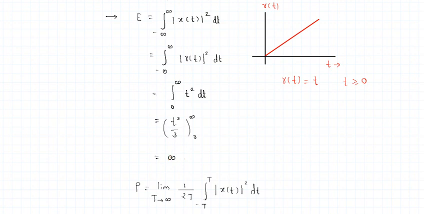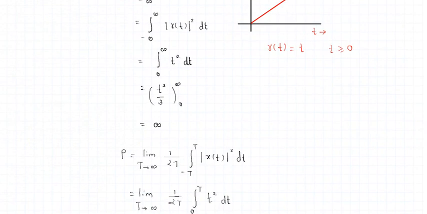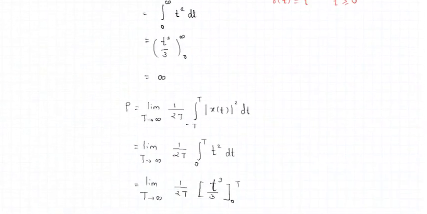Let's proceed further and find the power of the signal. The power equation is the limit as T tends to infinity of 1 by 2T, integral from minus T to T of mod of x(t) square dt. We'll replace x(t) by the ramp signal, which we know is represented as t, so it is t square dt.